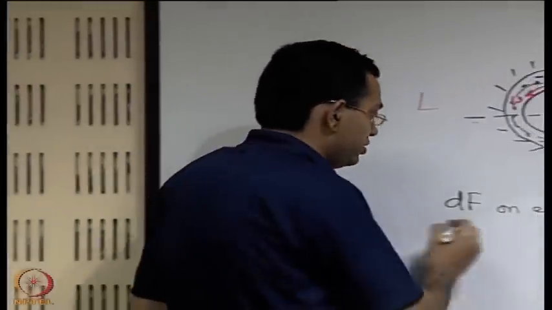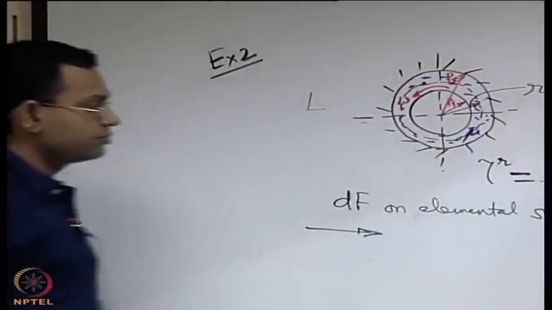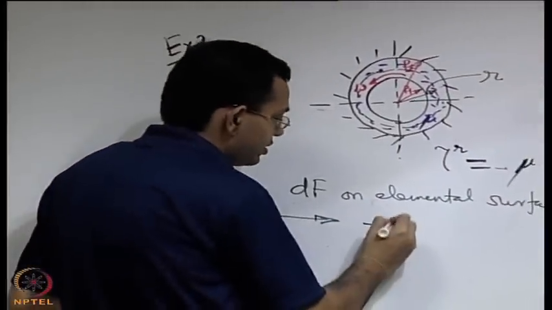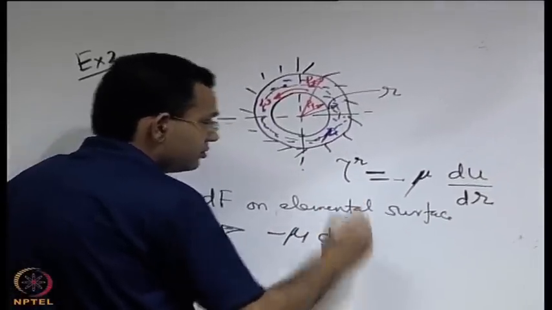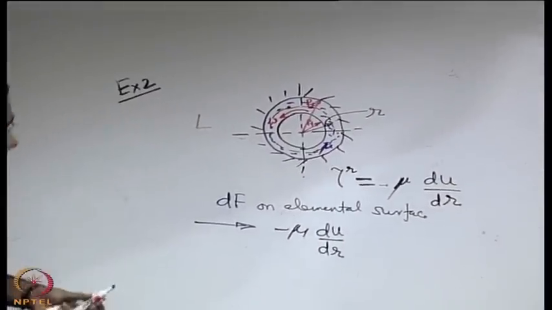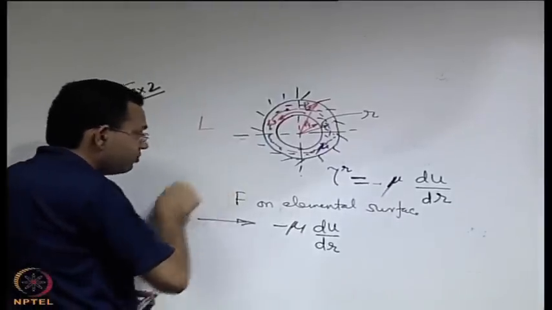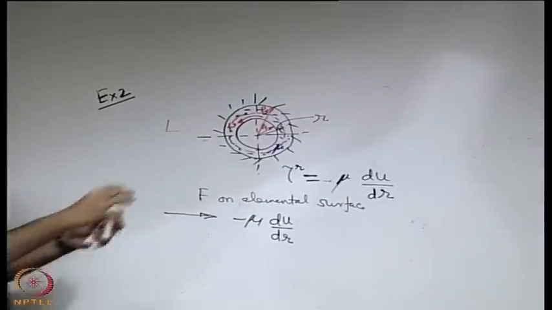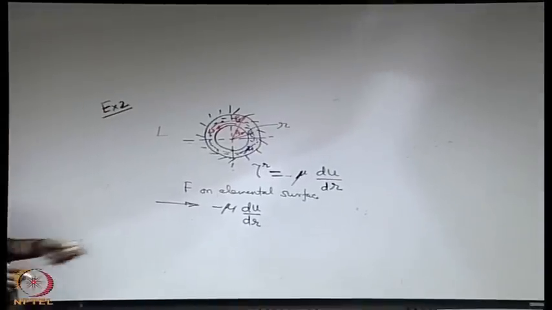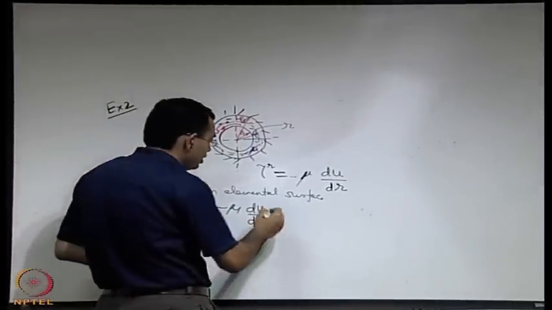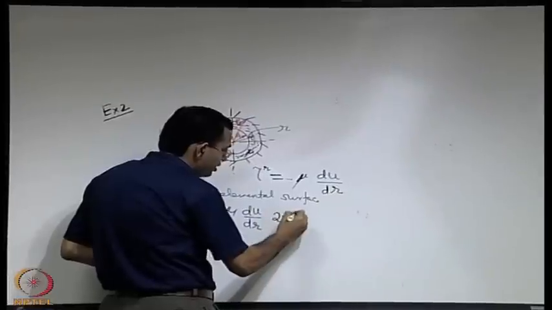So F on that one is minus mu du dr, we may just call it F, there is no necessity to call it dF because it is not an elementary small volume or area that we are talking about. So minus mu du dr into 2 pi r L.